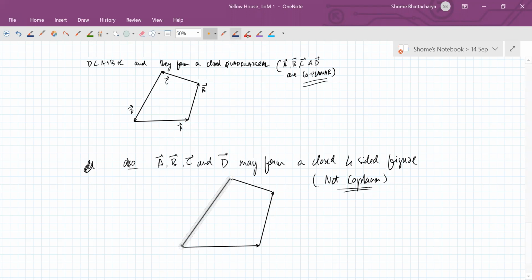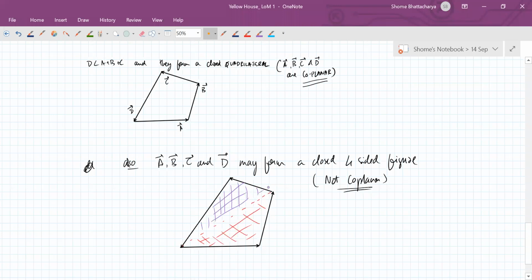Now in this diagram, just imagine that this triangle is not in the same plane as this triangle. सभी तो हो सकता है.